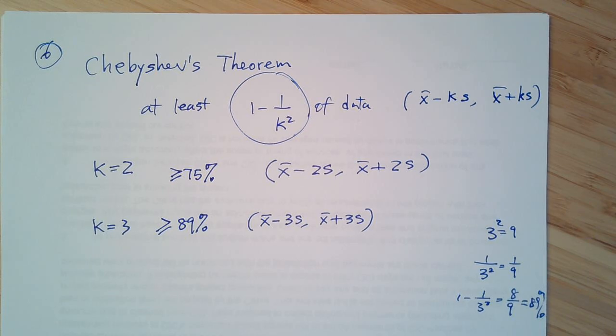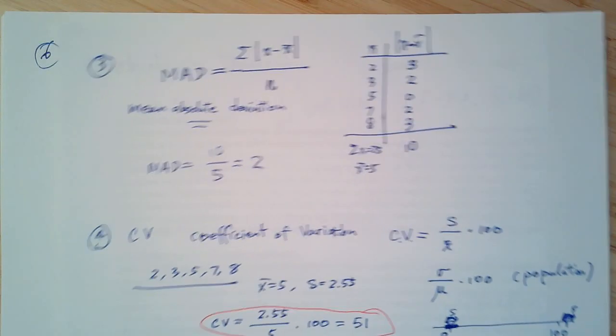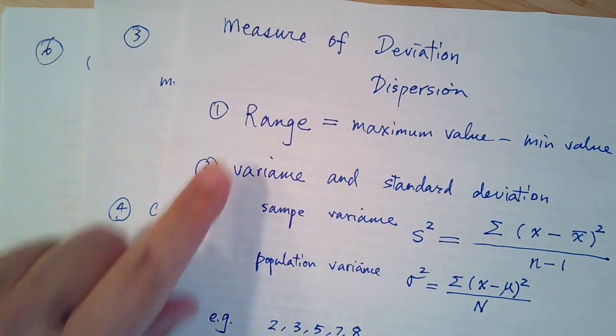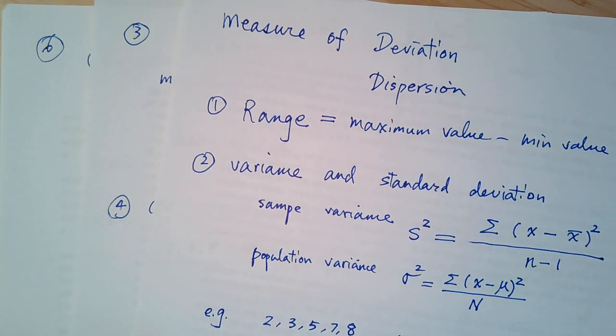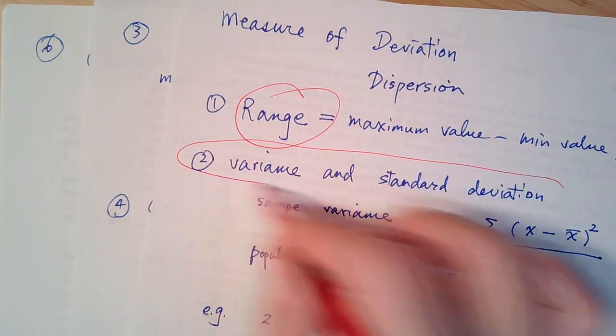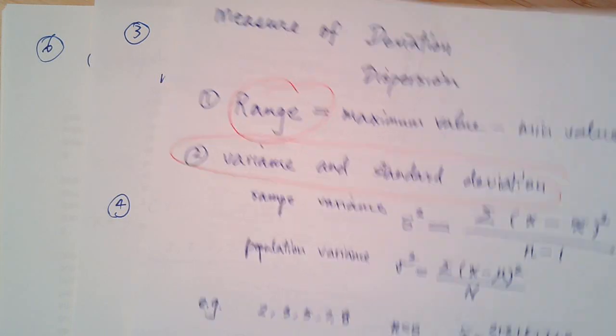All right, now we did 1, 2, 3, 4, 5. There are 5 important concepts. Actually, the 2 has 2. The first one is the range. Sometimes we use that. And then the second is the variance and standard deviation. This is the most important, okay?